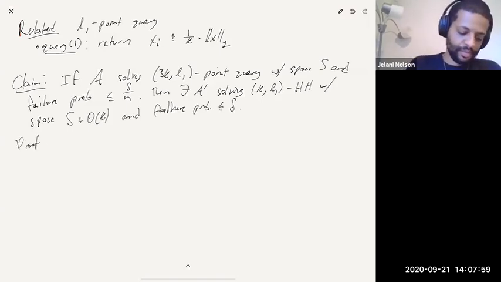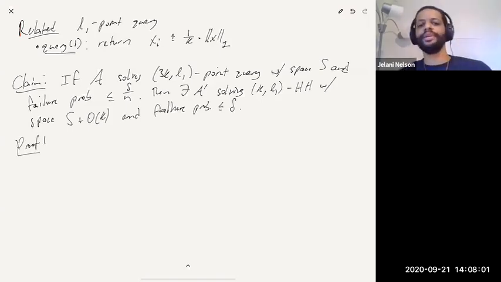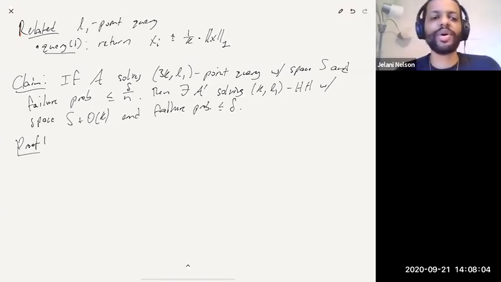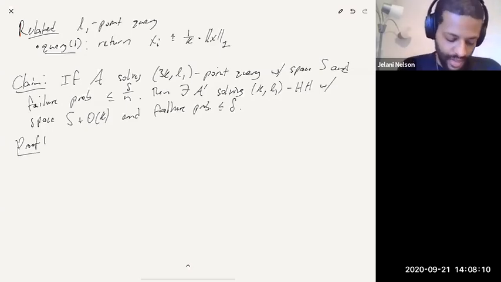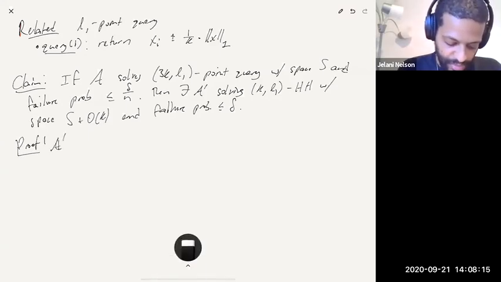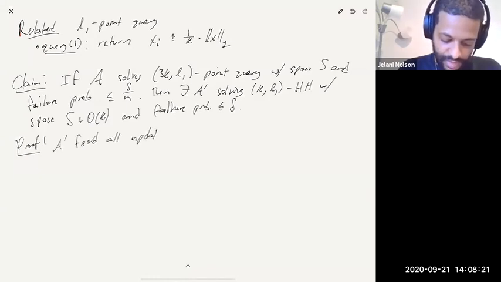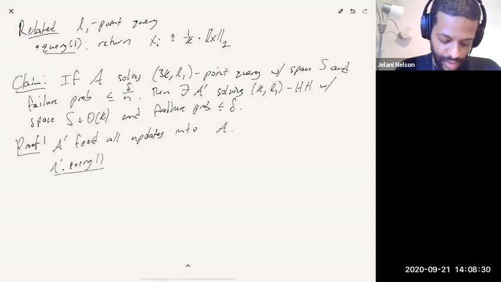So what's the proof? I'm supposing that I have this algorithm A. A prime is going to use A as a black box, right? So A prime will feed all updates into A, and then when you query A prime, what do you do?